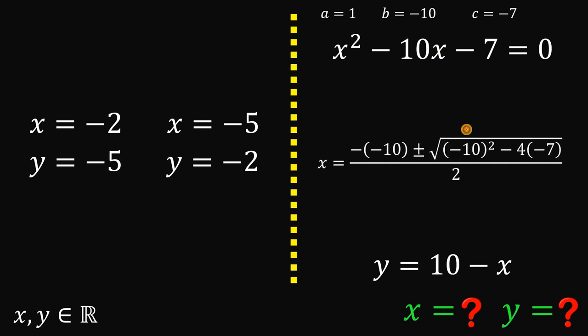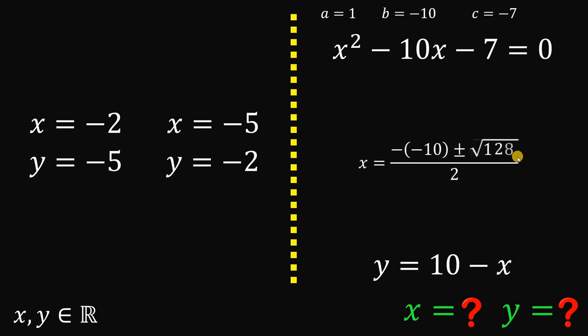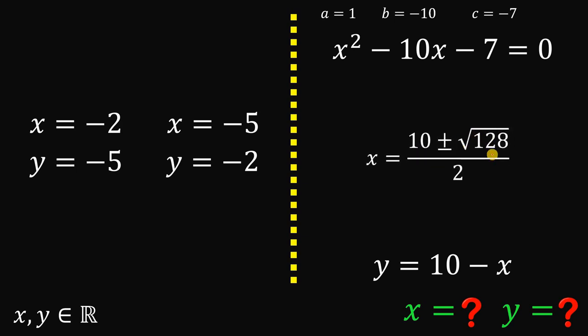Now, let's simplify. Negative 10 squared will give us 100. Negative 4 times negative 7, this will give us positive 28. So, the number inside the radical sign must be equal to 128. Next, negative of negative 10 is just positive 10. And the square root of 128, we can simplify this, because 128 is 64 times 2, and the square root of 64 must be equal to 8.